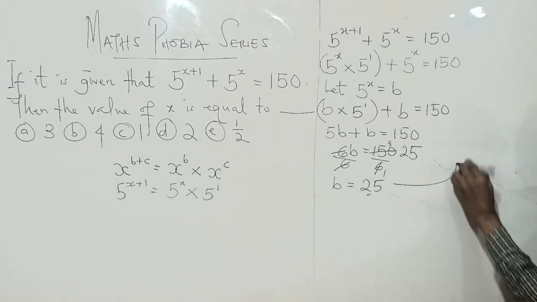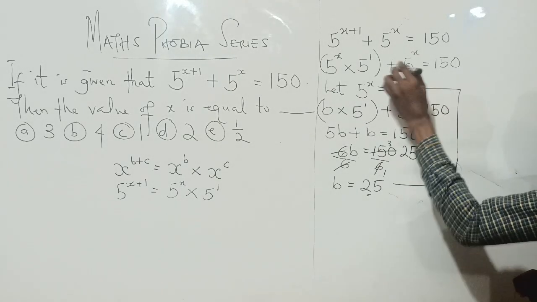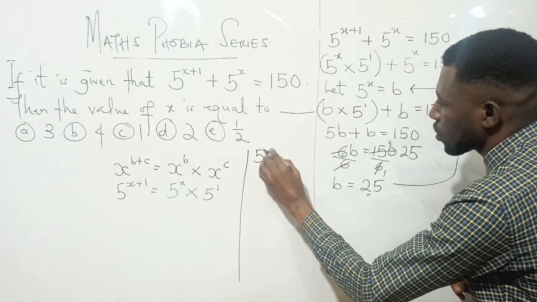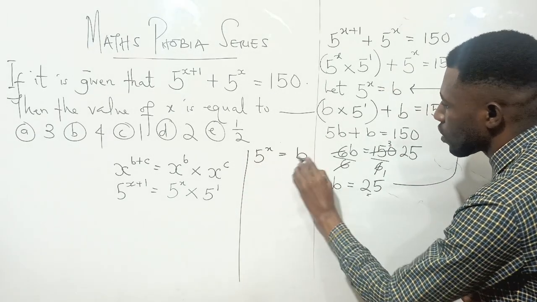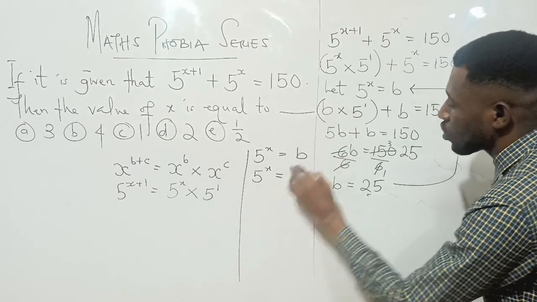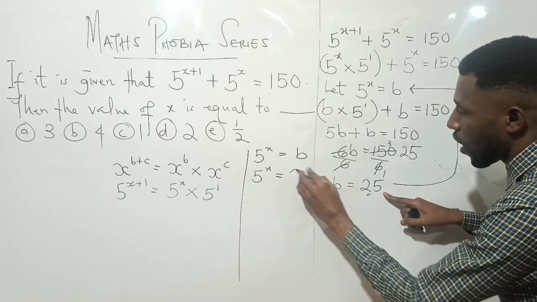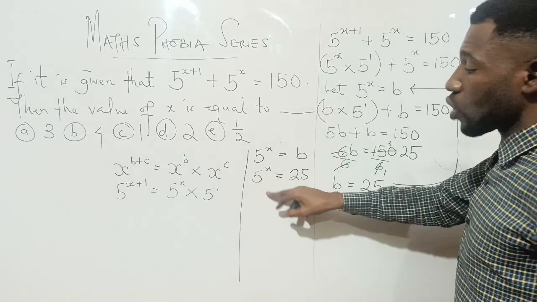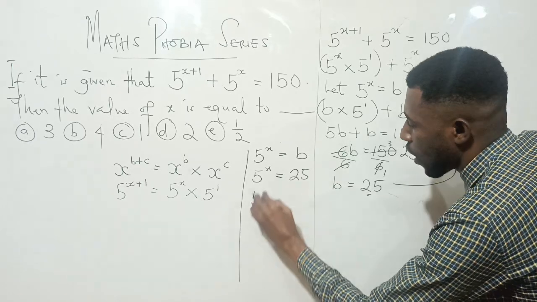Coming back here, we said let 5^x equal b. So that means I'm going to have 5^x equal to what b is that we got now, 25. So we have expressed b back in terms of x.